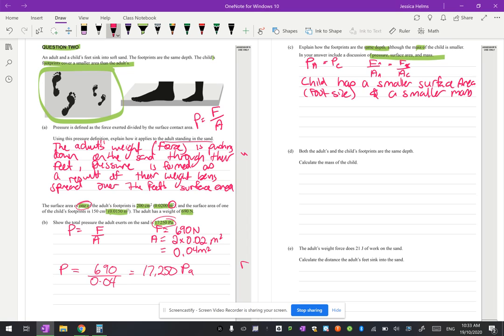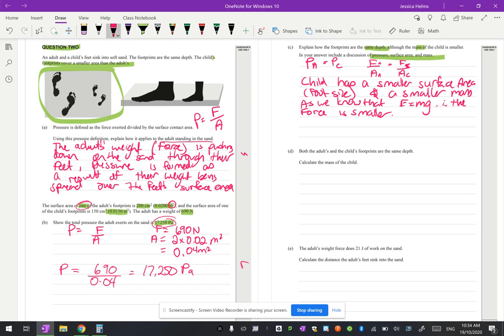And as we know that force is equal to mass times acceleration, then therefore the force is also smaller as well, and it's kind of in the same relationship there.